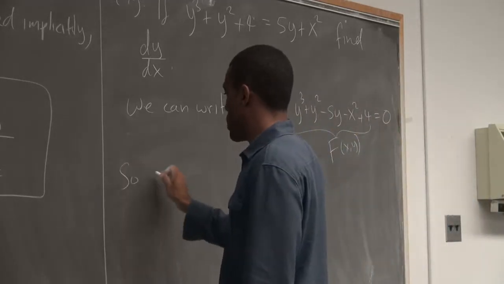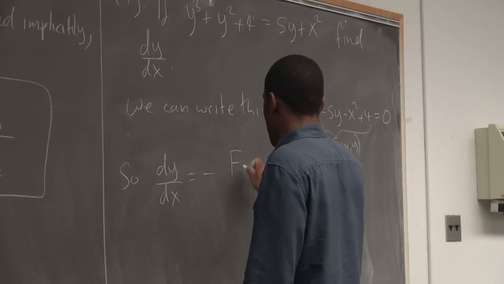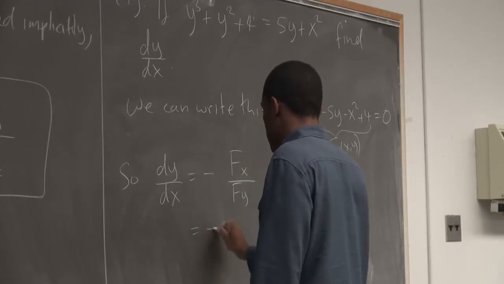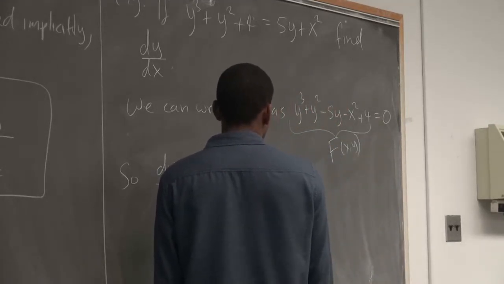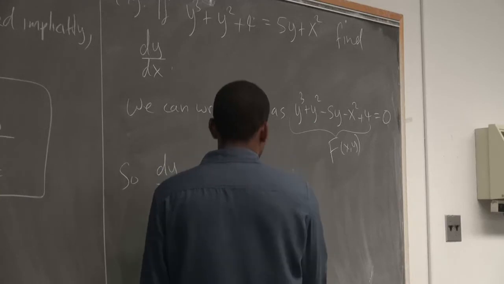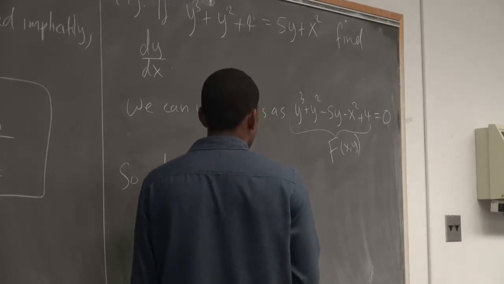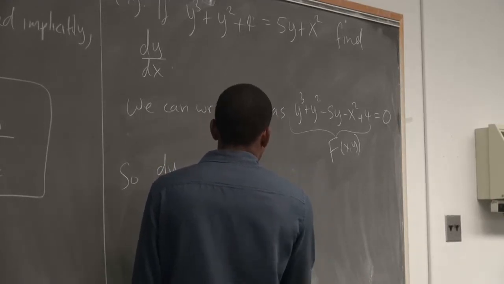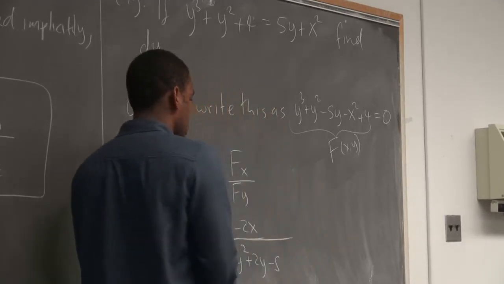And so dy dx is just the negative of the partial with respect to x divided by the partial with respect to y. What's the derivative of this with respect to x? 2x. So that's minus 2x divided by the partial with respect to y: 3y squared plus 2y minus 5. And that's your answer.